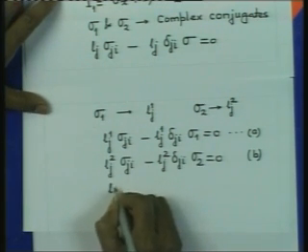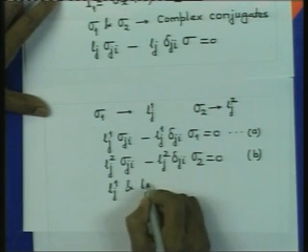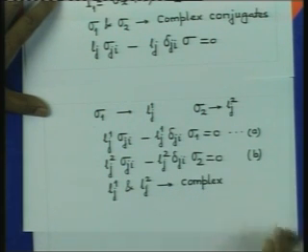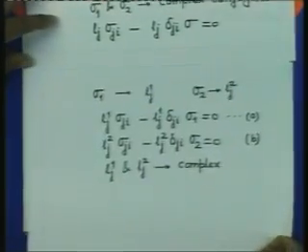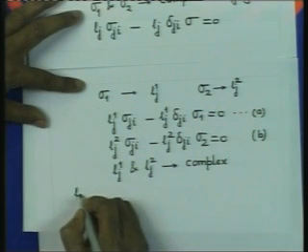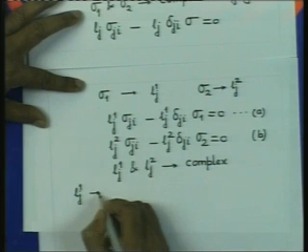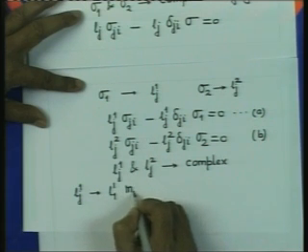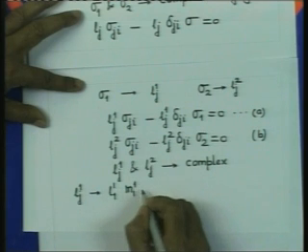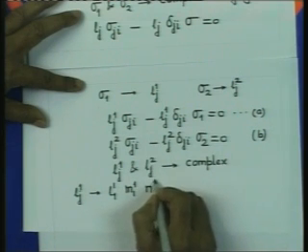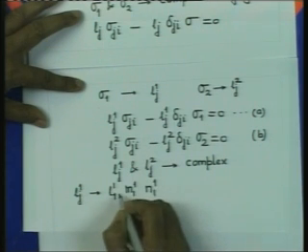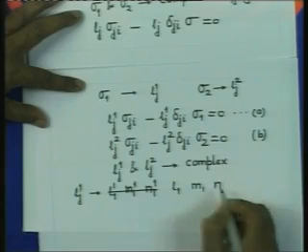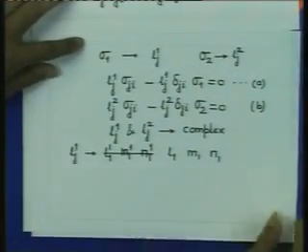So, Lj1 and Lj2 are complex. That means, if Lj1 has components like L1, M1, N1, then each of these components must be complex.